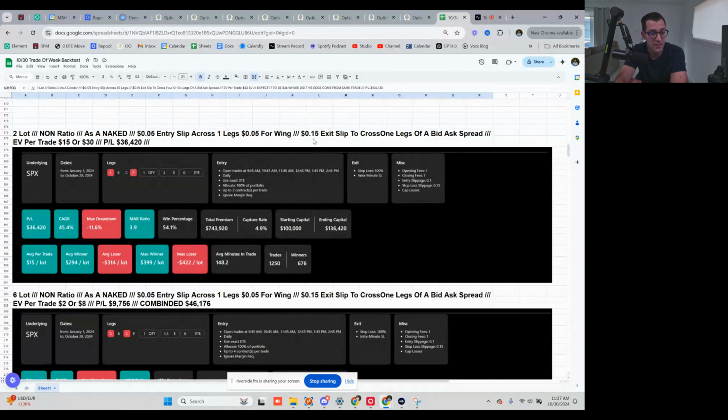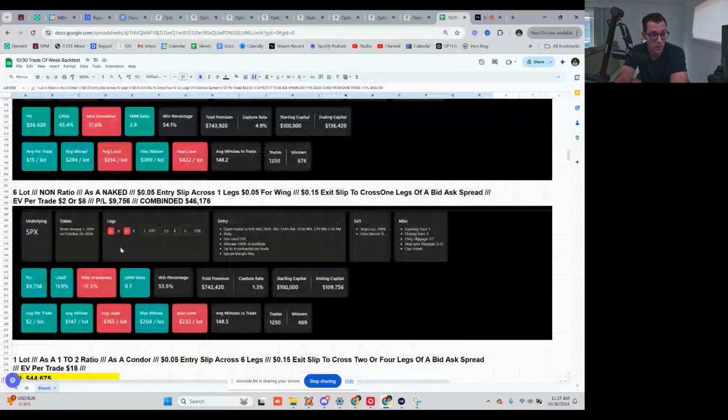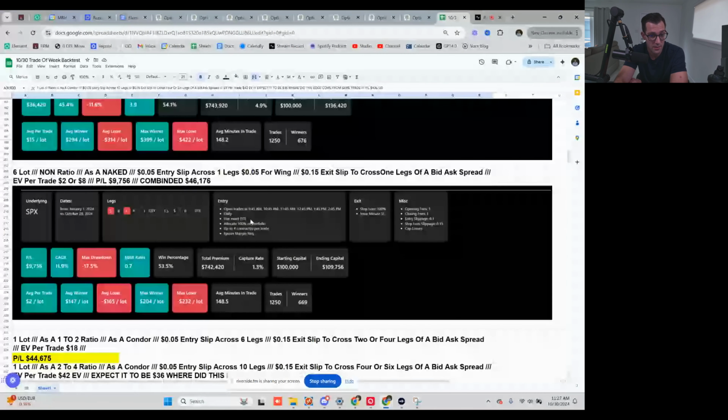Then we have 15 cents exit slippage, which is the price to basically just cross the bid ask on the put side. We have a P&L of $36,000. Then I do a 4 lot with the same principle, 5 cents across the bid ask, 5 cents for a wing, and then 15 cents exit slippage across each one. We can see that the P&L drastically decreases.